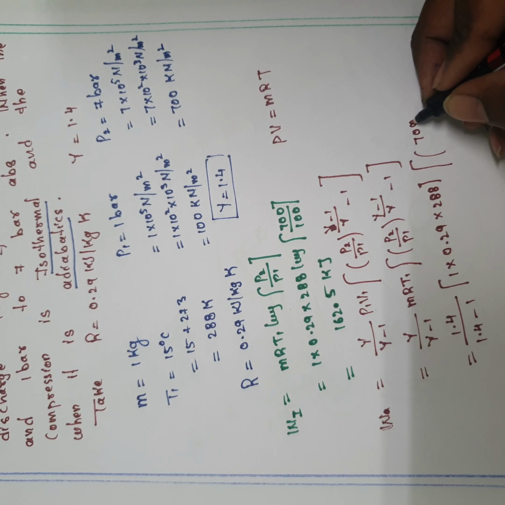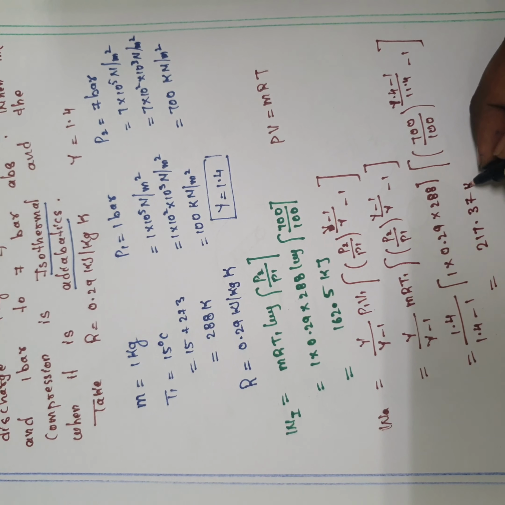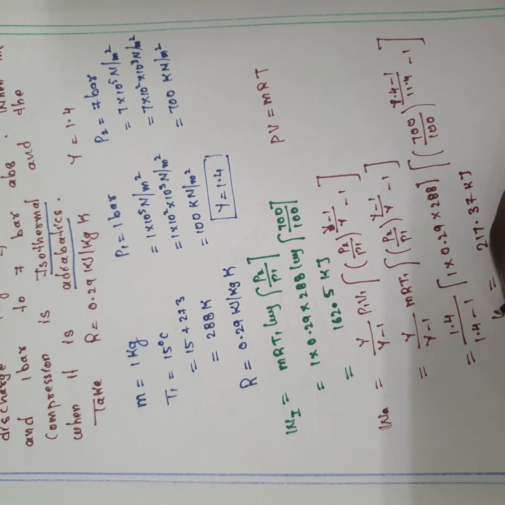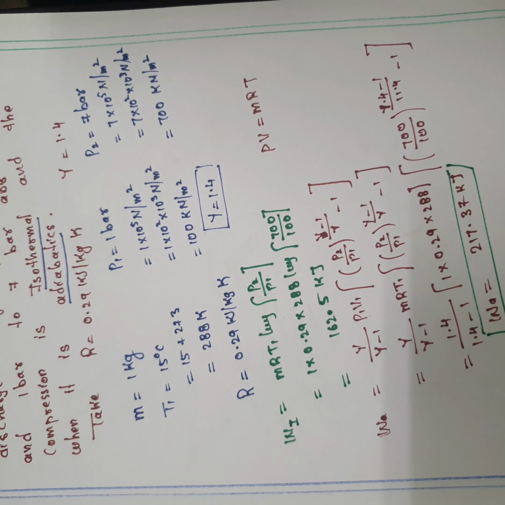Solving with the calculator, the answer is 217.37 kilojoules. This is the value for adiabatic, and the previous one was for isothermal.